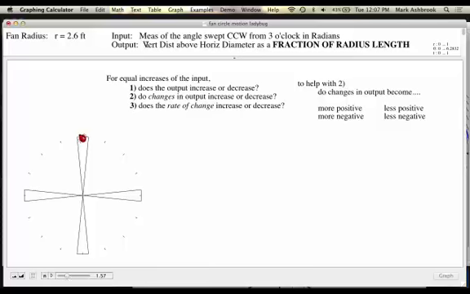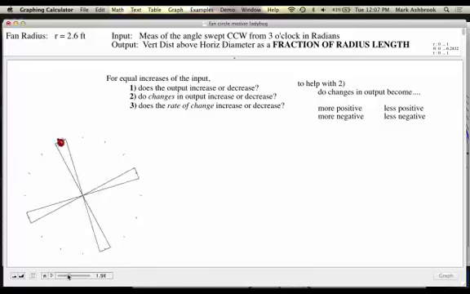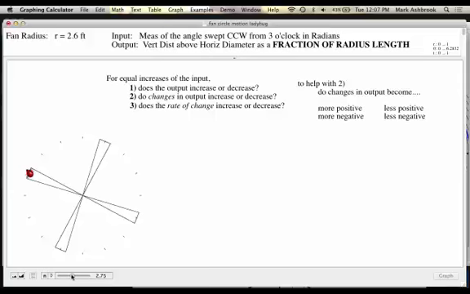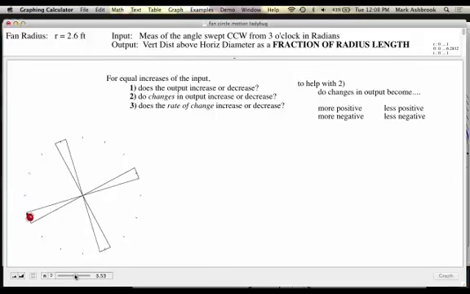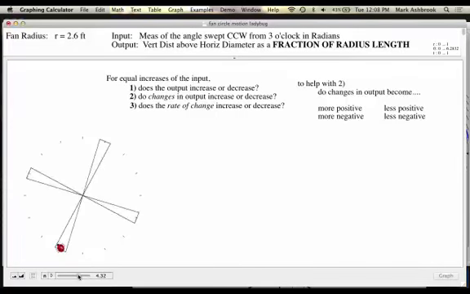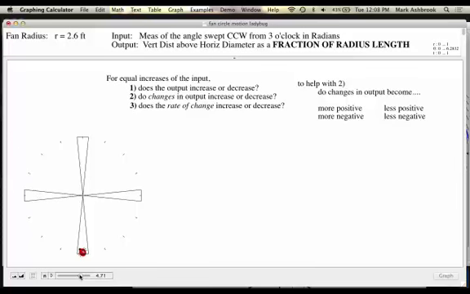When does that output value have its least value, and what is that least value? How low can you go? Right here. What's the value of the vertical distance above the horizontal diameter here?